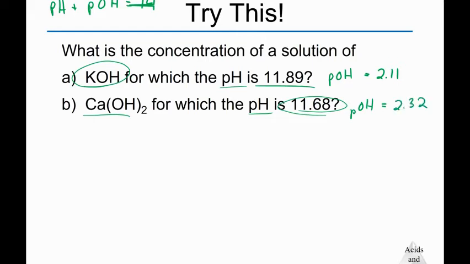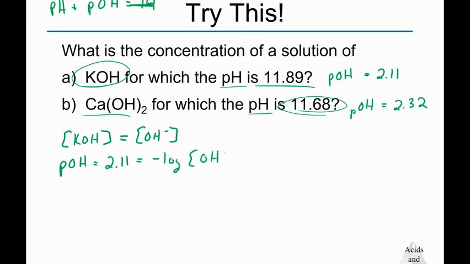Okay. And the reason I did that is because I know my concentration of KOH is going to be equal to the concentration of my OH minus. And so I'm going to use pOH is equal to 2.11, which is equal to the negative log of the concentration of OH minus.